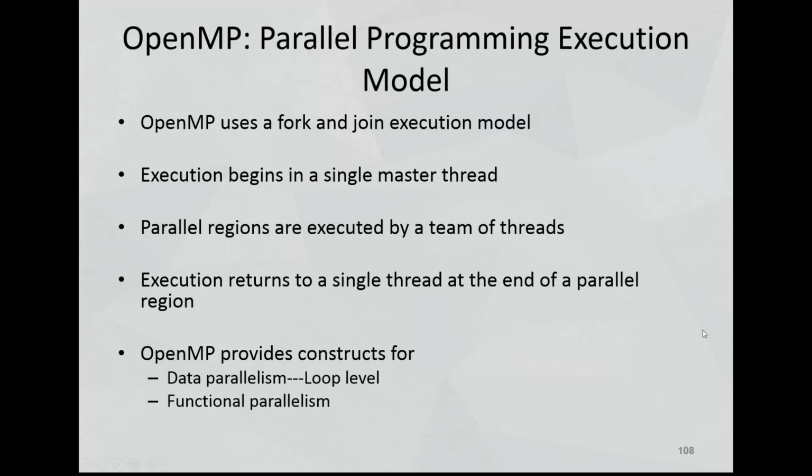The parallel programming execution model for OpenMP is a fork and join execution model. It starts with a single master thread, so it's like the old tree model, like a Christmas tree, it branches out into different areas. Parallel threads are executed by a team of threads, and then it comes back and rejoins. This allows you to have loop level data parallelization as well as function parallelization.